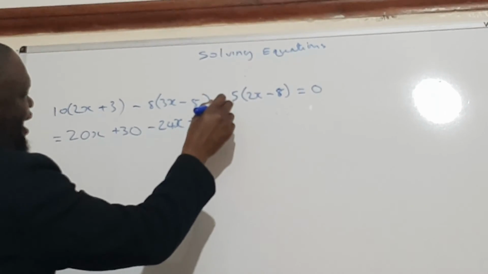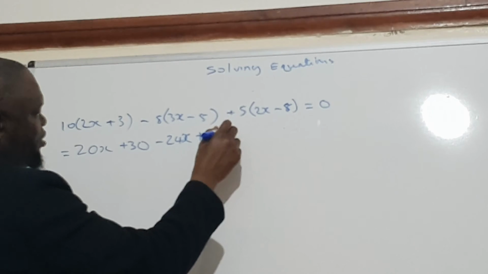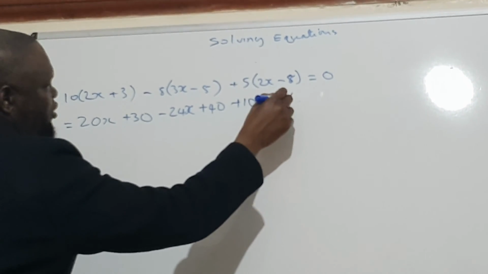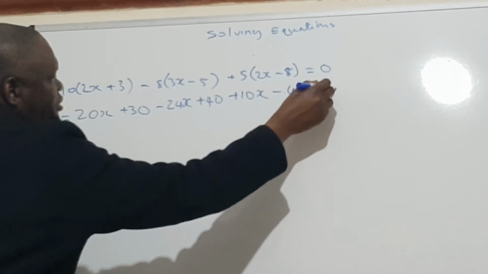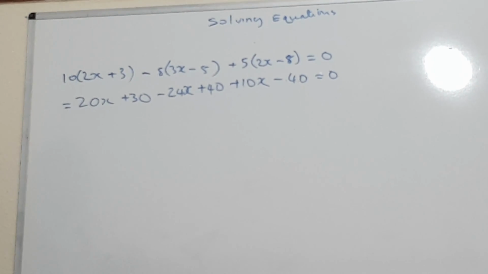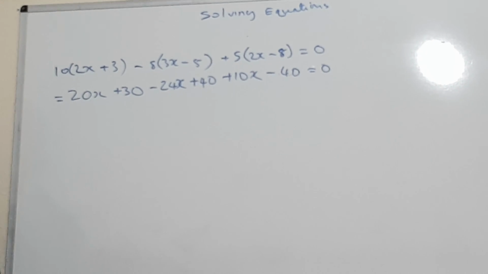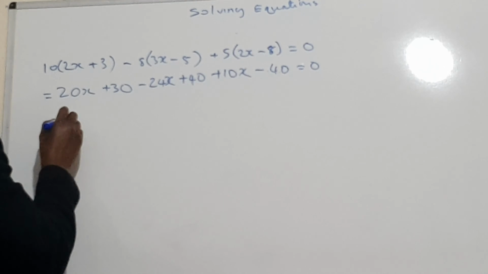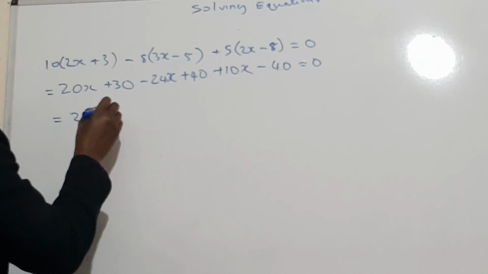Plus 5 times 2x will be plus 10x. Plus 5 times minus 8 will be minus 40. All equal to 0. So this guy is saying that all of this will be equal to 0. Let's see whether we will have 0. So we put our x's together, innit? So this will equal 20x minus 24x.